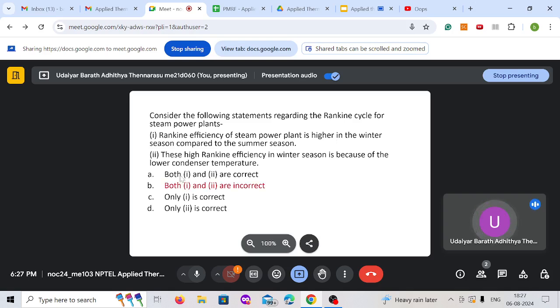So the answer will be option A, both 1 and 2 will be correct because you have a lower condenser temperature. So in that case, you have maximum work done, your net area under the cycle will be larger, so you will have a higher efficiency. So it was a mistake, both 1 and 2 are correct.